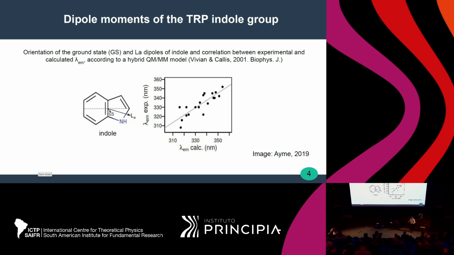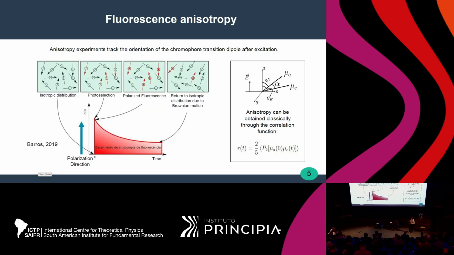Our idea in this project, in the first stage, is to use methods that explore more of the classical properties of the protein, to use classical methods to infer spectroscopic properties of the chromophore.